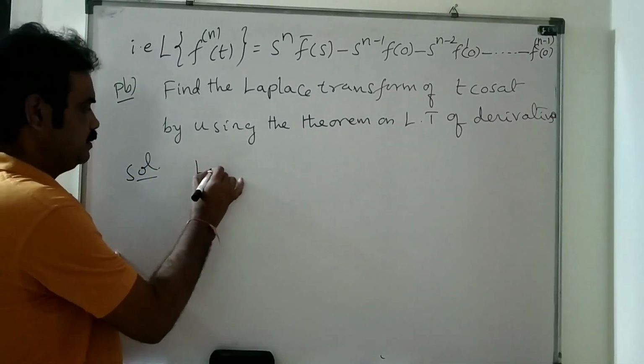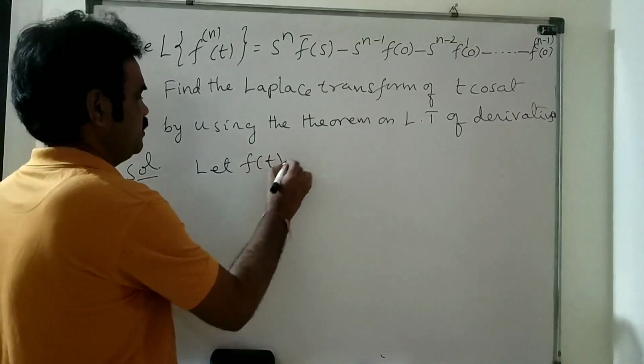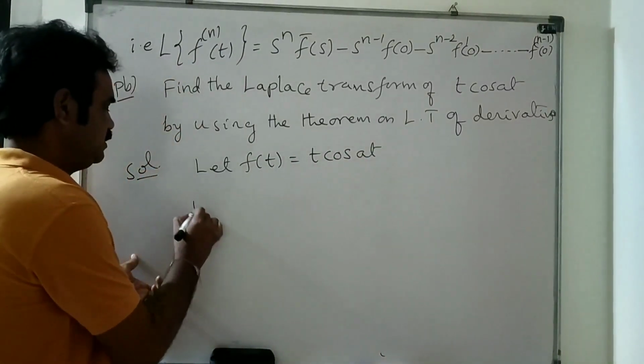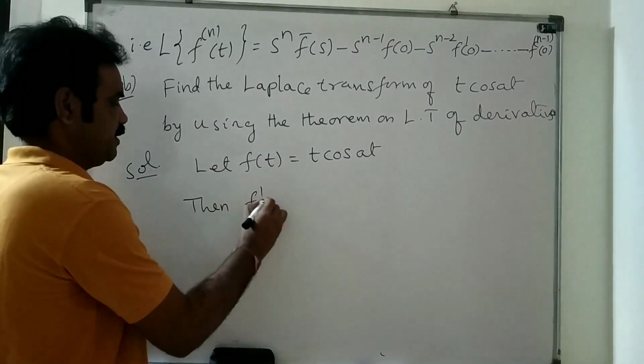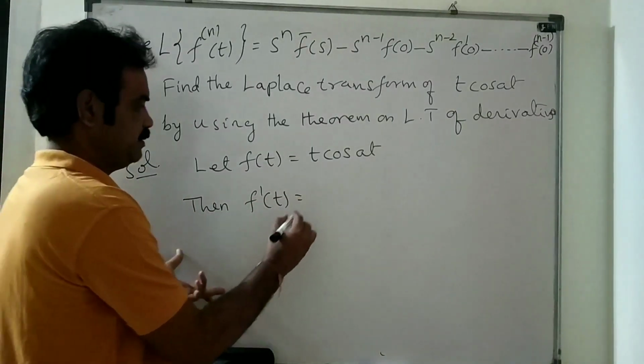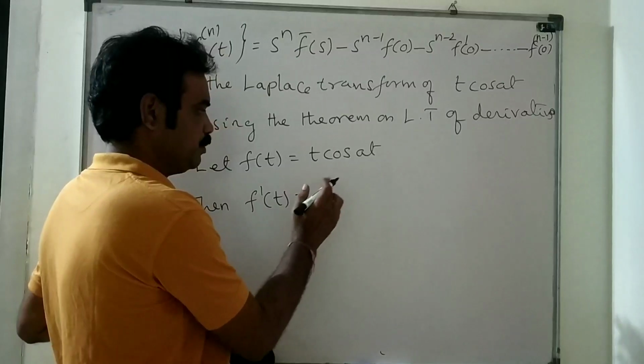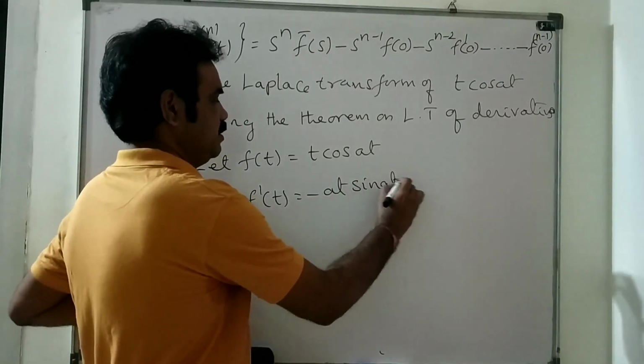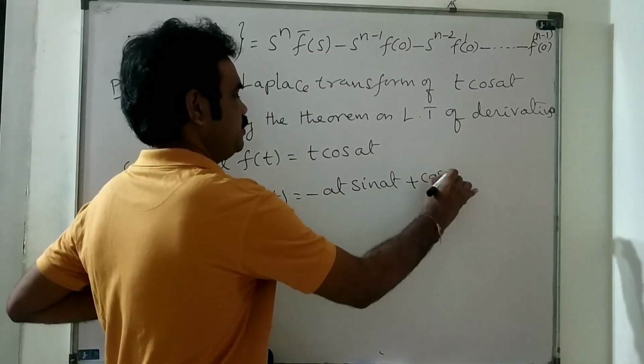Let f(t) is equal to t cos at. Then f'(t), the derivative of f(t): t into the derivative of cos at, minus a sin at, that is minus at sin at, plus cos at into the derivative of t, which is 1.